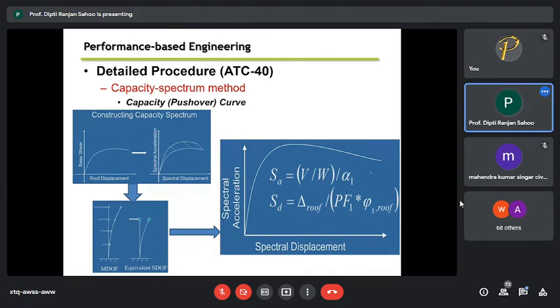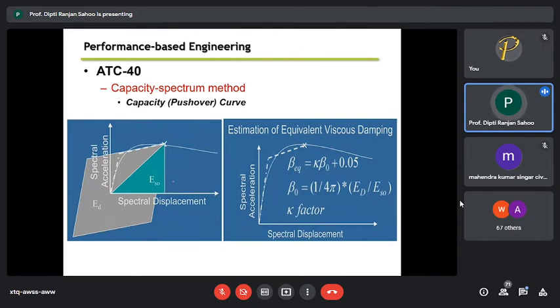That is how the participation factor comes into the picture, right? So the entire multi degree of freedom system you are converting to an equivalent single degree of freedom system. Once you do this, that is called the capacity curve in spectral acceleration and spectral displacement.